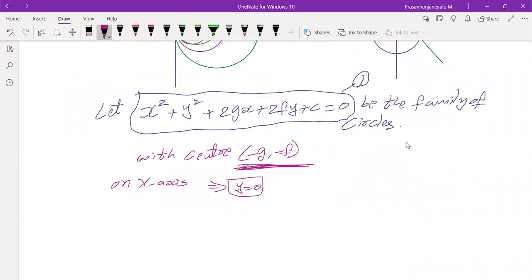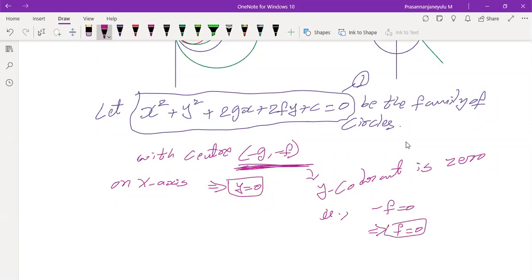Minus f is 0, that is the y coordinate is 0. That is minus f equals to 0, which implies f equals to 0.